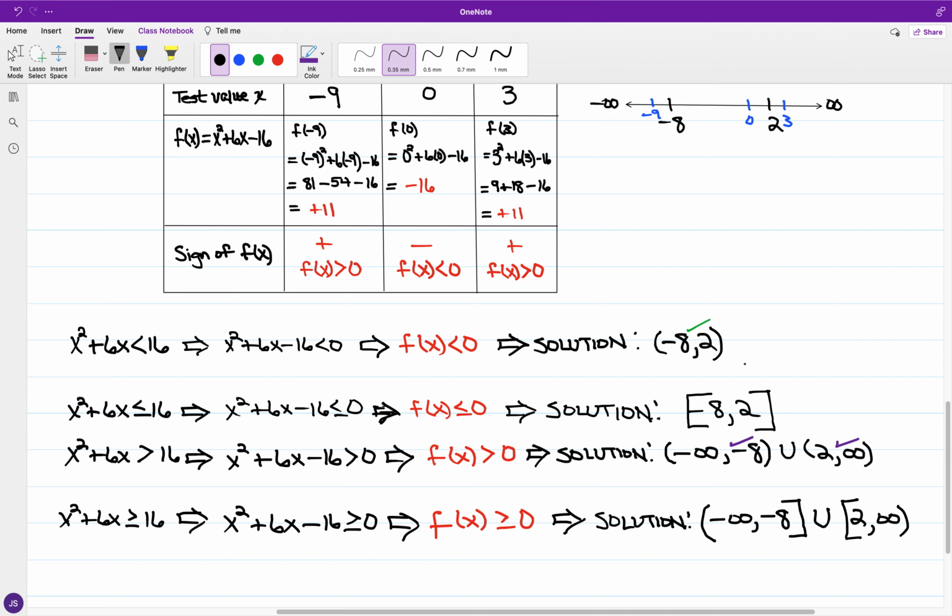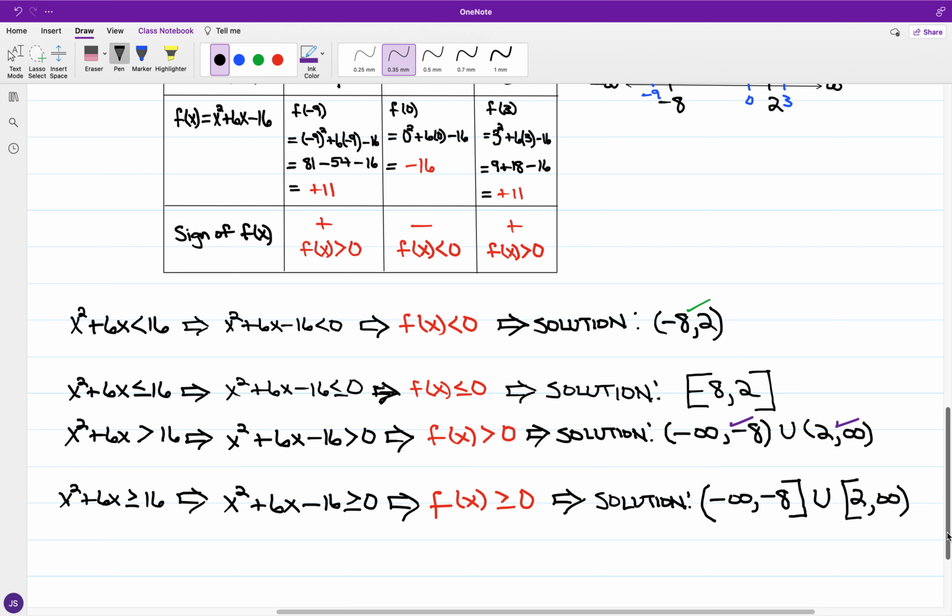So for the first and second sets, you had the same limit values, but whether the finite amounts of negative 8 and 2 are going to be bracketed or not is contingent upon whether the inequality has the equal sign or not. All right.